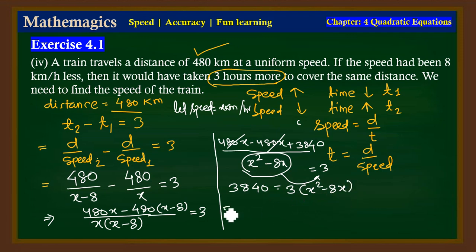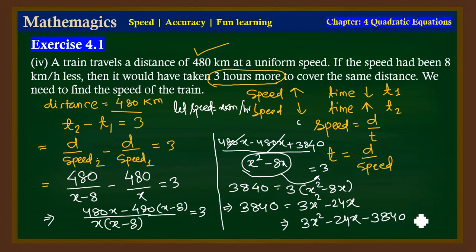So here it implies that 3840 is equal to 3 into x square becomes 3x square minus 3 8s is 24x. And if I keep all the things here only, 3x square minus 24x, this 3840 will come this side, and that becomes minus 3840 is equal to 0.